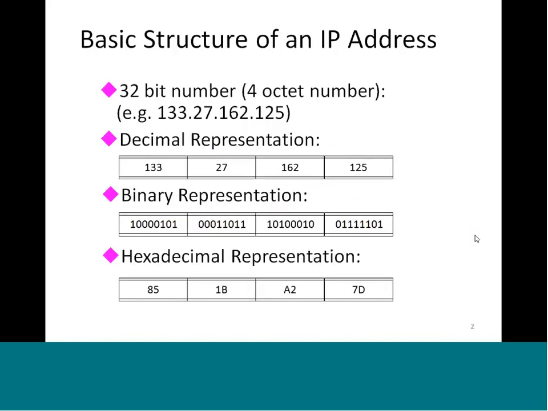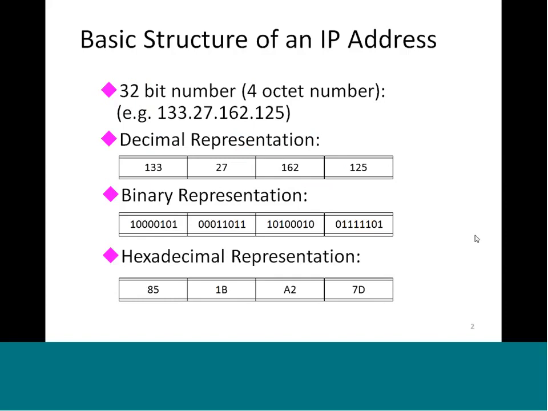We learned the basic structure of an IP address, which is a 32-bit number comprised of 4 octet numbers. A simple example would be 133.27.162.125. This is what is called decimal representation. You can also represent it in binary as shown here.